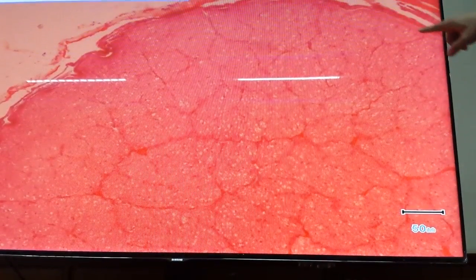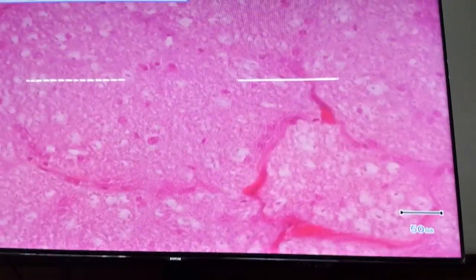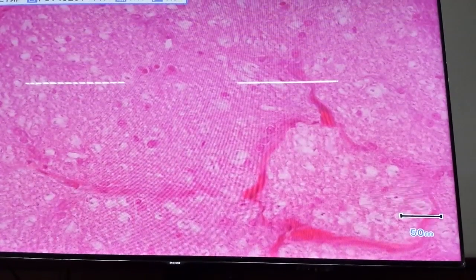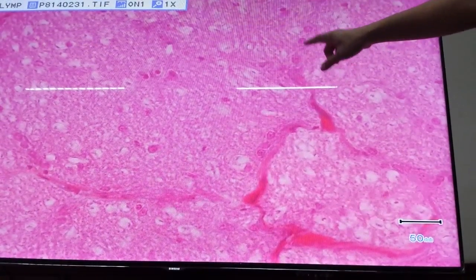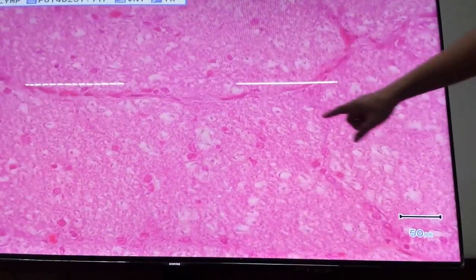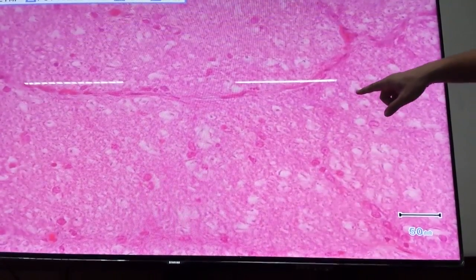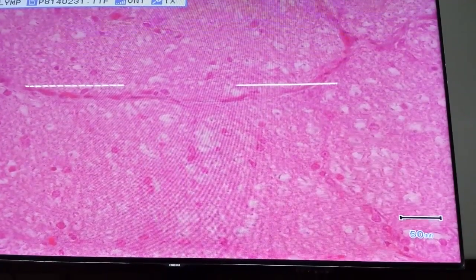Again, you have only the perineurium, and then you have the presence of the axons. Okay. I think these are Schwann cells. So here you have the axons, and then you have the myelin within.